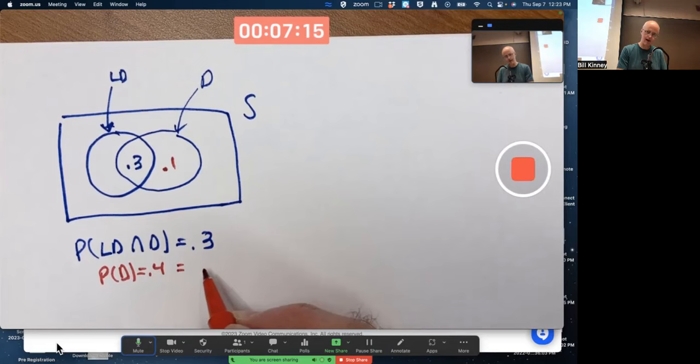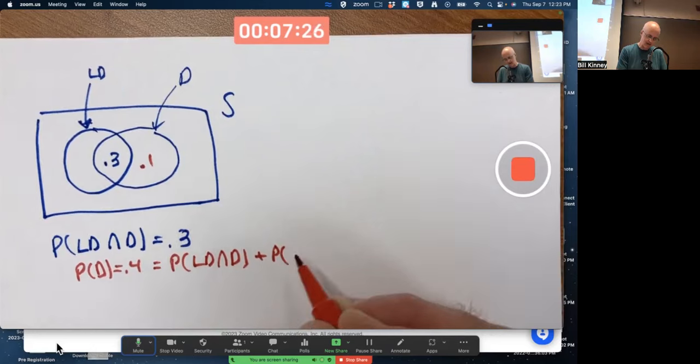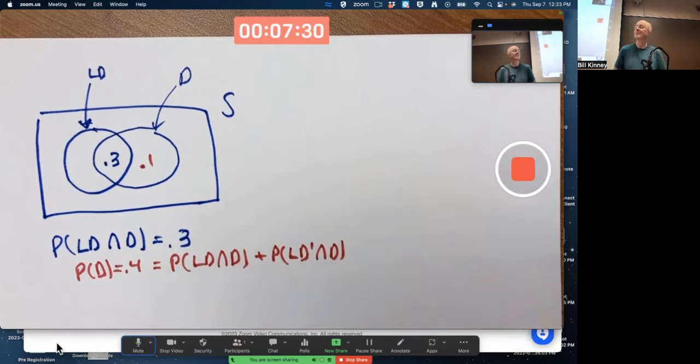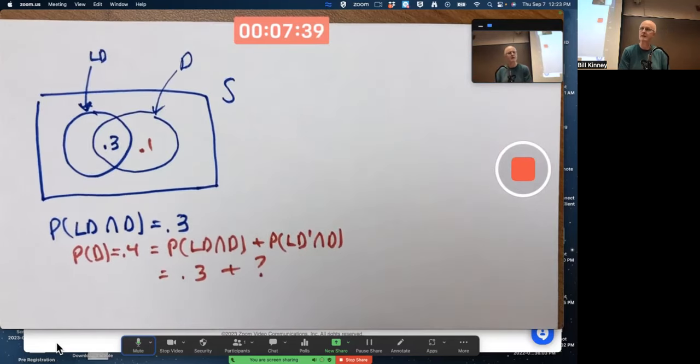This could be thought of as the probability of LD intersect D plus the probability of LD prime intersect D. That's what I just used. And this is 0.3 plus question mark, and therefore question mark is 0.1.